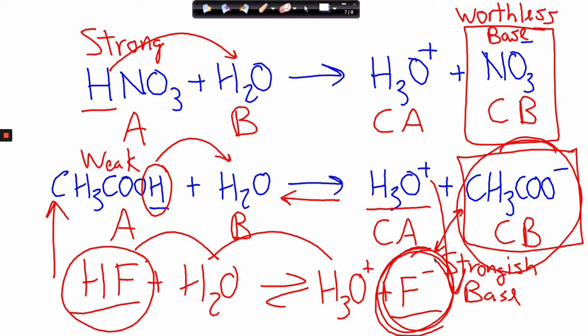And guys, that goes all the way to the extreme where we have an acid that is strong. And a strong acid has a conjugate base that's so weak, it's worthless, of negligible strength. So the stronger the acid, the weaker the conjugate base, all the way to fully strong and fully worthless.